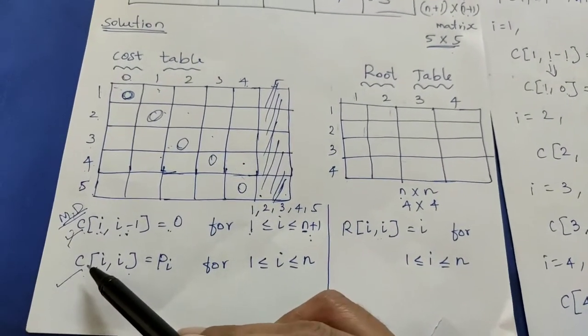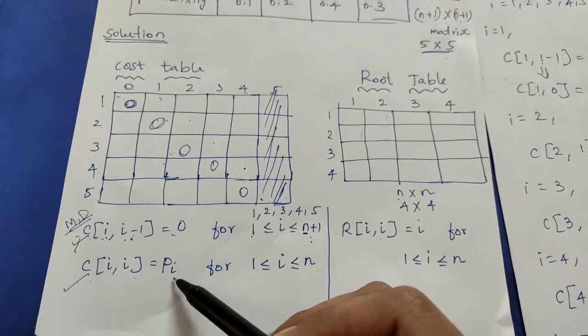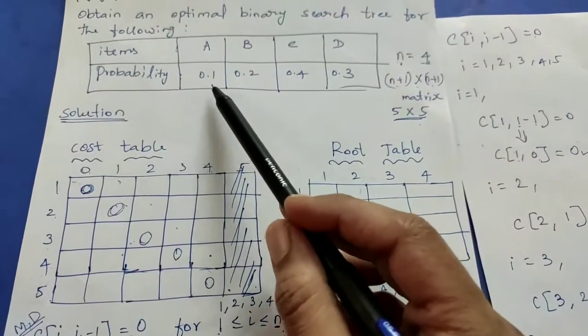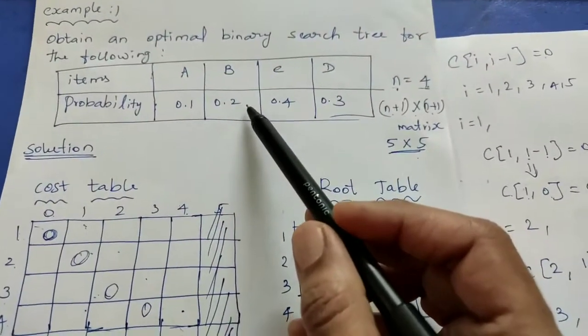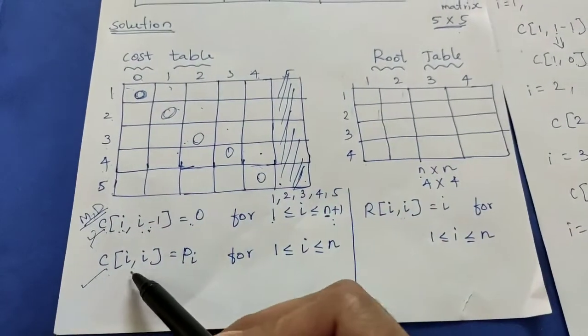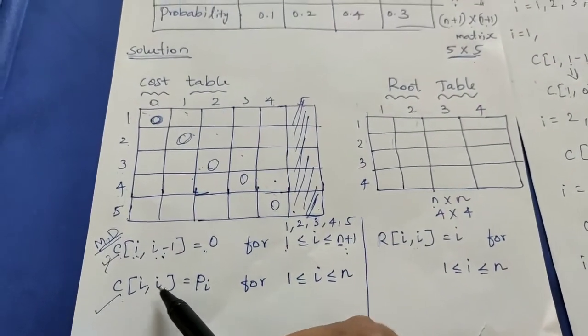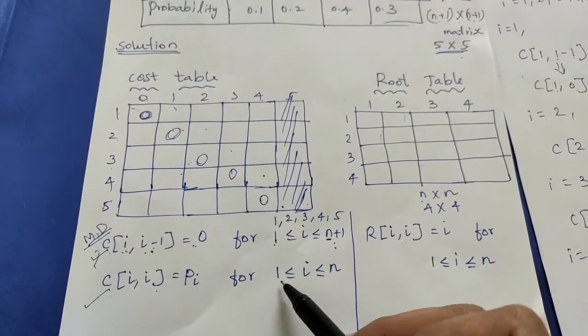What is this? C of I comma I should be filled with the probability value. Probability value I have in the question. So based on the I value, I will pick the respective probability from the given question. I will be filling this. Now I indicates row as well as column. So I starts from 1 to n.